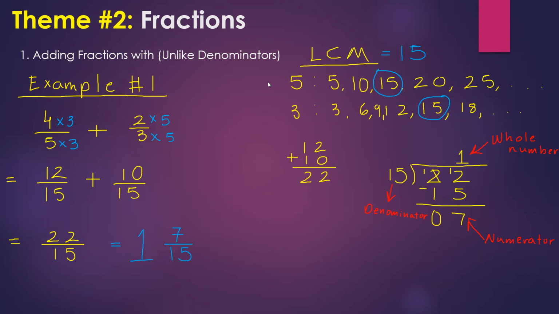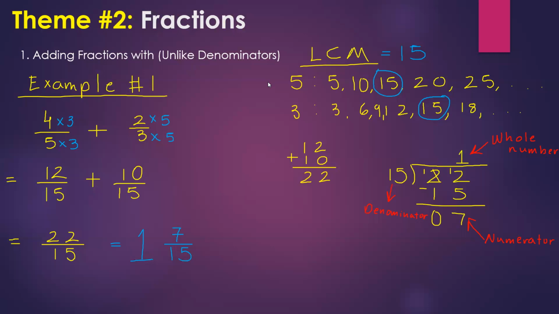And then we move on to the next fraction. And 3 times 5 is also 15. So what you do on the top, you have to do on the bottom. So you multiply the 2 by the 5, and that's how we got 10 over 15. And now we add the numerators. So we add 12 plus 10, which is 22.